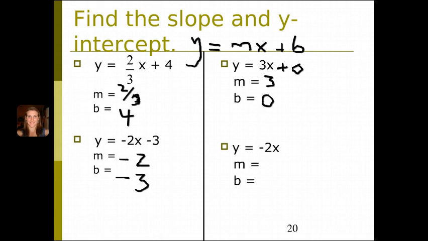That means that line will pass right through the origin. So beneath it, y equals negative 2x, the slope is negative 2. And the y-intercept, again, is plus 0, so the y-intercept is 0.